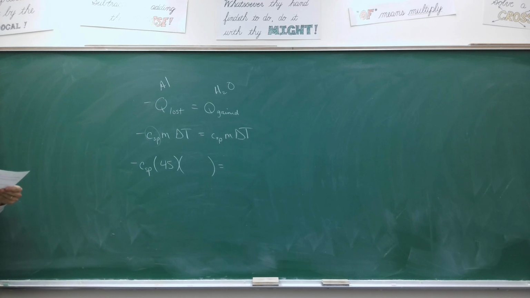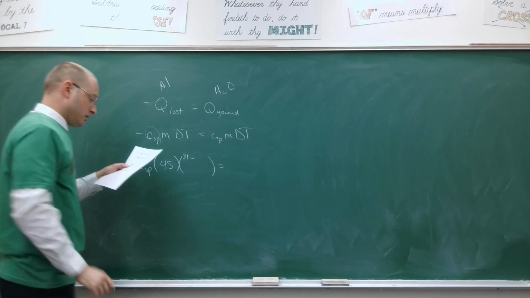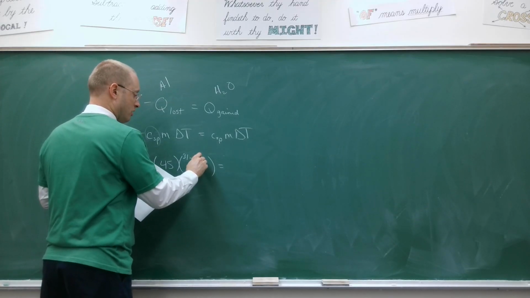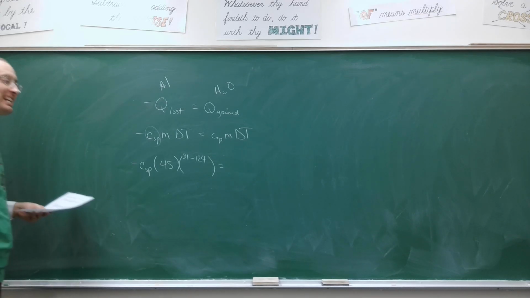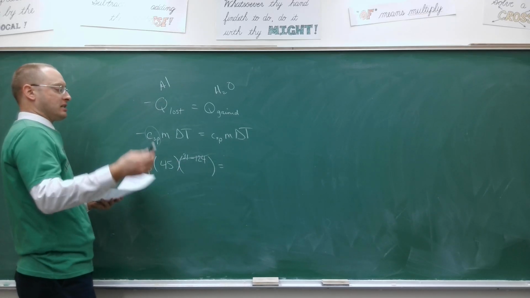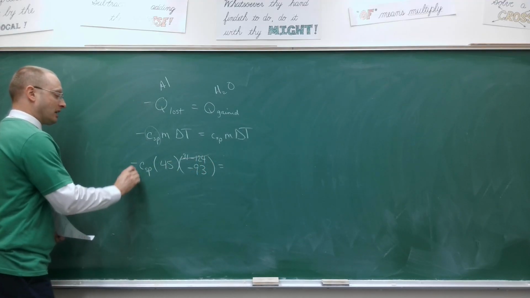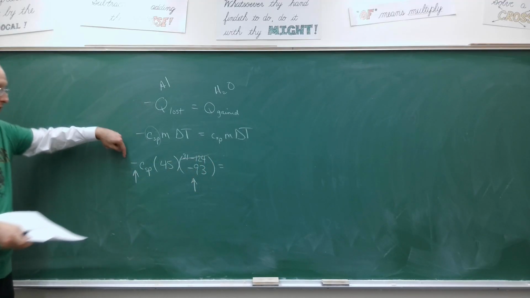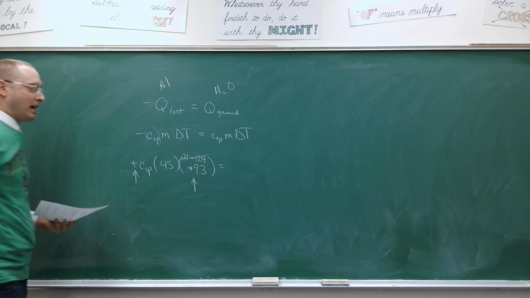When it talks about equilibrium, equilibrium is the final temperature. So 31 minus whatever the aluminum started at, 124. If we have 31 minus 124, that's going to give us a negative delta T. Well, of course, it's losing heat. So we're going to have negative 93. Conveniently, the whole reason we have the negative in the front is purposely to cancel with that negative. They cancel, and now we're back to positives, which is happy.